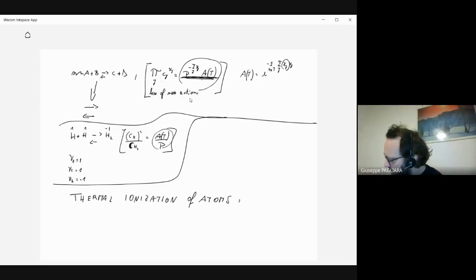So what we have in this case is the following. Suppose that you have an atom of species A, and let's indicate with A plus the once-ionized atom, plus electrons, and this could go back and forward, forming a neutral atom.